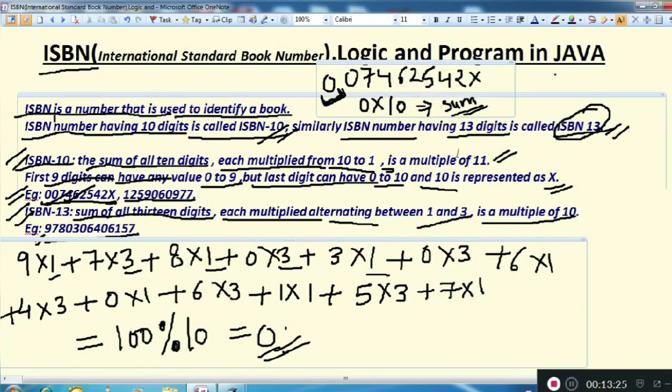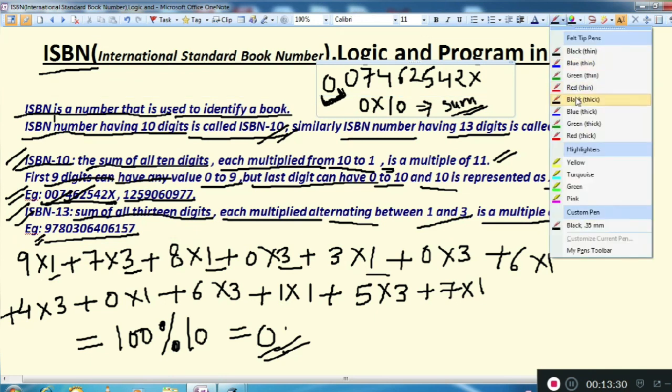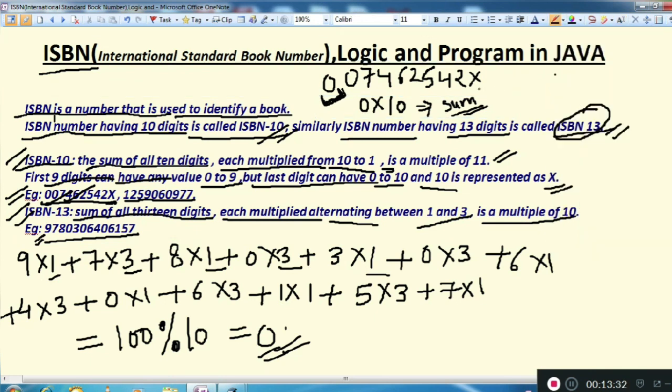So what is the last digit? This is your last digit. If this is your digit, so X will be treated as 10 and multiplied by 1. Similarly, if you have the last digit 7, so 7 multiplied by 1.